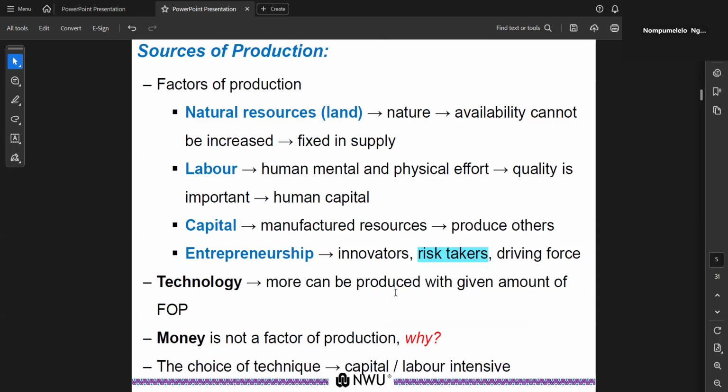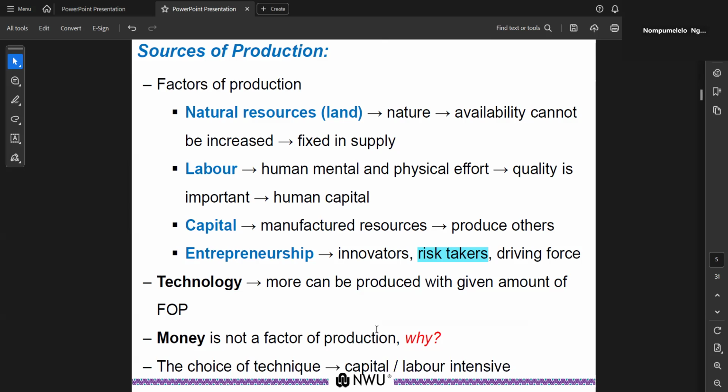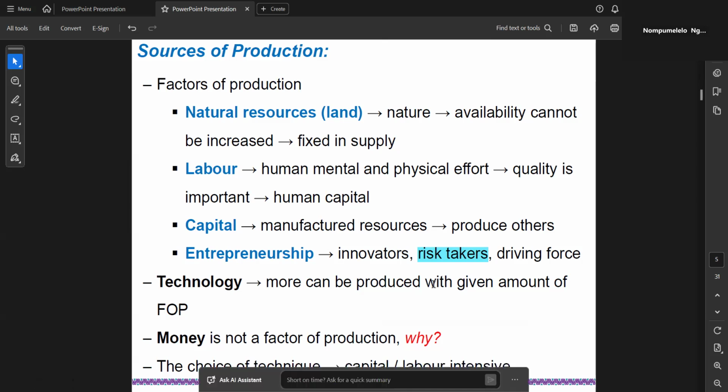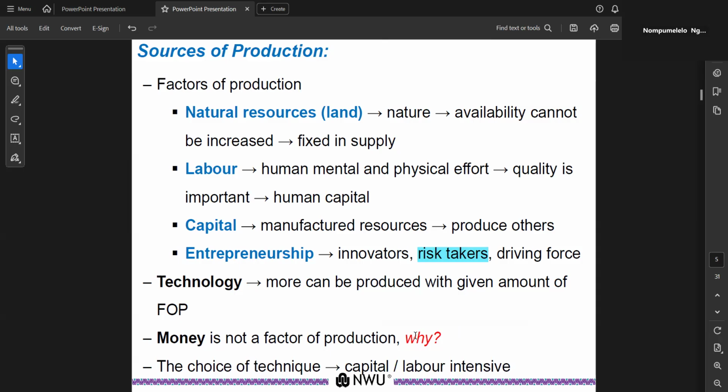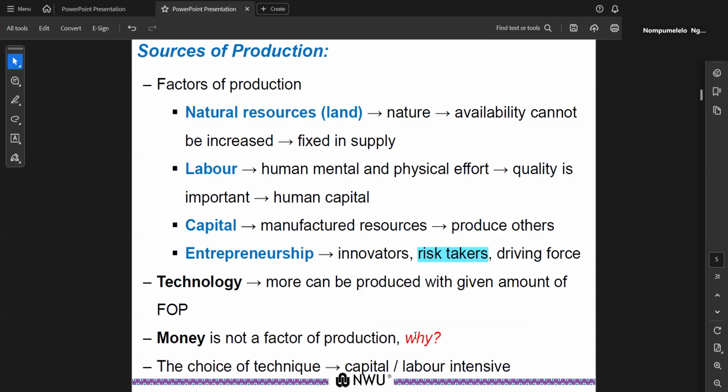Why? Because money is just a medium of exchange. We use money to purchase things. You pay money to get something else. It's not used to produce something, so it's just not a factor of production. The choice of technique: capital and labor intensive.